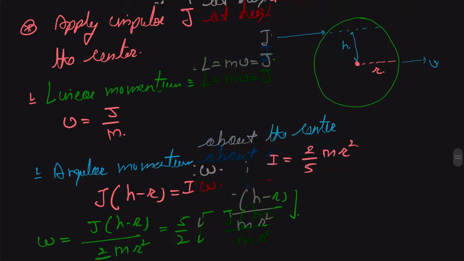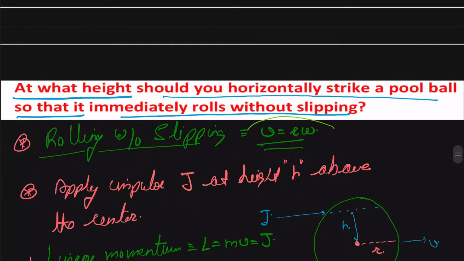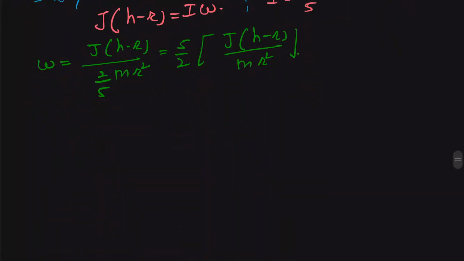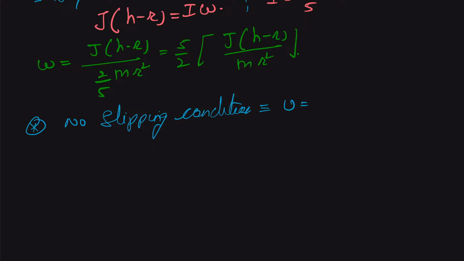Now we come to the no slipping condition, and we can just find out the answer. So we can say that our no slip condition, which is V is equal to R omega.